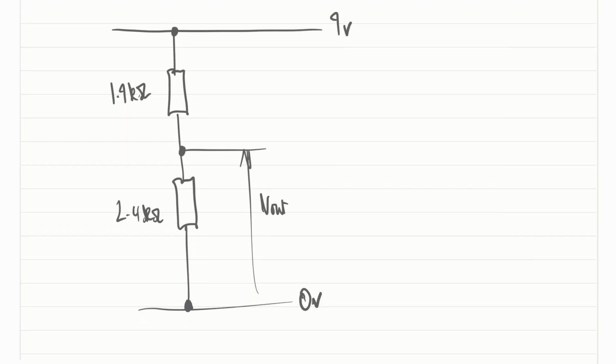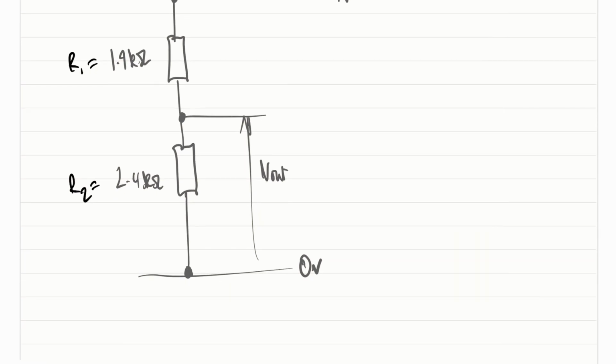In an example, a voltage divider such as this one, where R1 equals 1.9 kiloohms, R2 equals 2.4 kiloohms, and 9 volts is the input voltage.